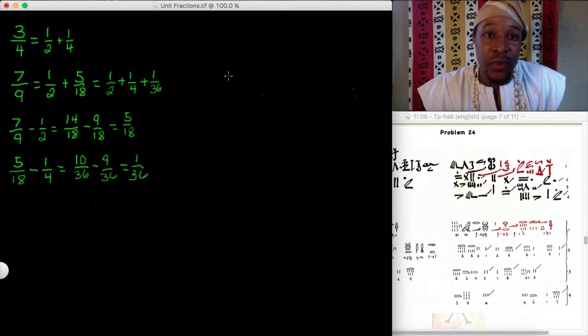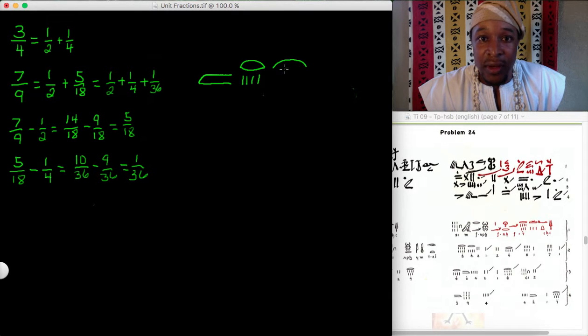So if we wanted to actually draw the Kemetic numerals, it would look like this. So this is 1/2. 1/4 looks like this. So we have our little mouth, letter R, and then we'll draw 4 single lines. That's 1/4. And then 1/36 would look like this. So also have a mouth.